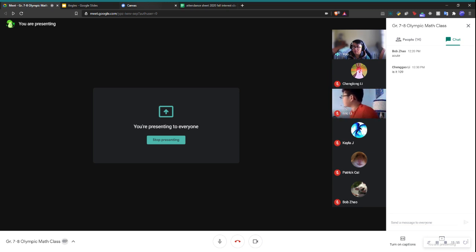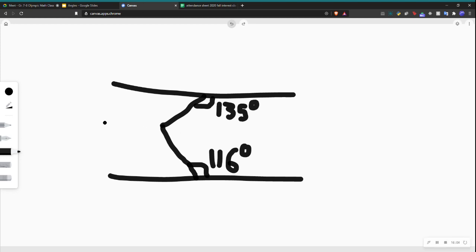I know Chen Gao, you solved it, so tell me how you solved it. Perpendicular, like this. I don't see how that works.